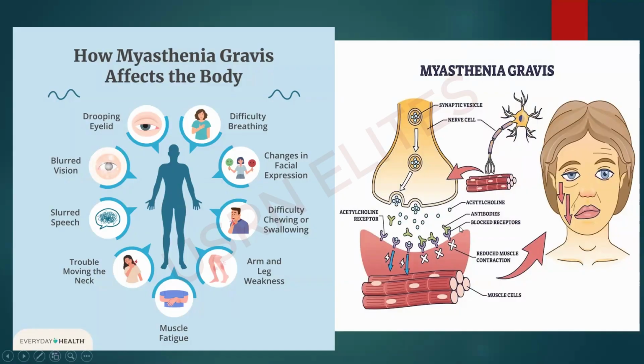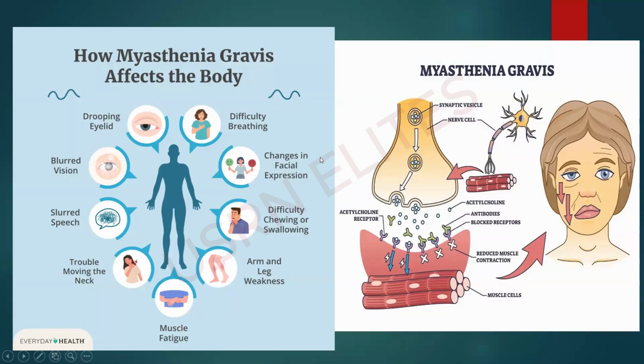With what is happening in myasthenia gravis, you are having low concentration of what? Acetylcholine too, right? With Alzheimer's disease, what is happening? You have acetylcholine being less, and you are giving medications that will help prevent the destruction of acetylcholine, thereby increasing acetylcholine in the brain.